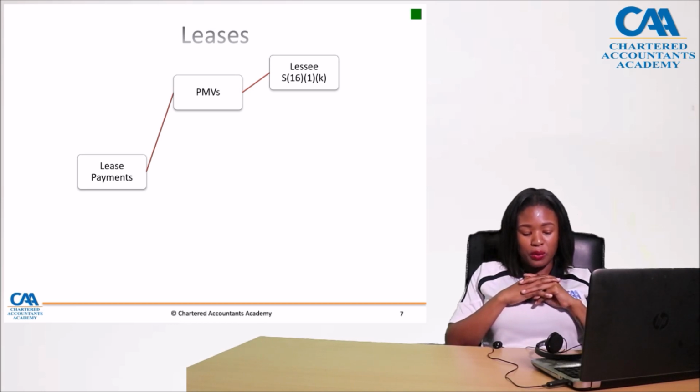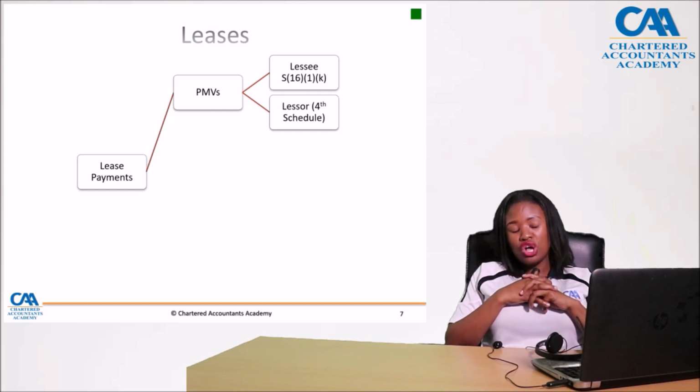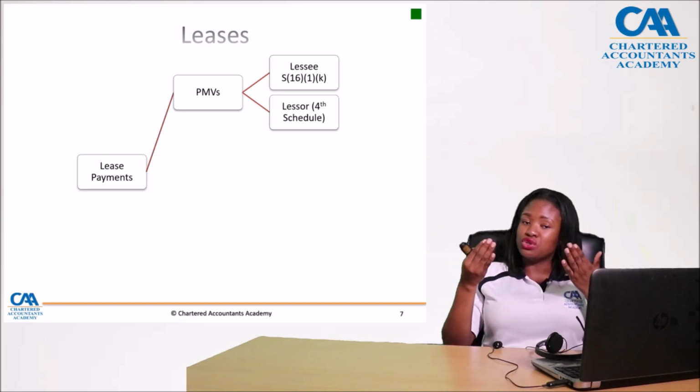If you remember when we just did that, there are certain people who are exempt from these cost restrictions of 10,000. So for a person in the business of leasing PMVs, they are allowed to claim capital allowances on the full amount of the PMV.